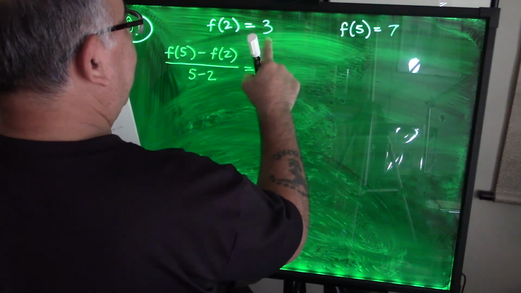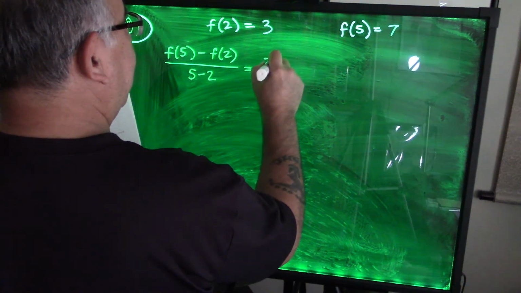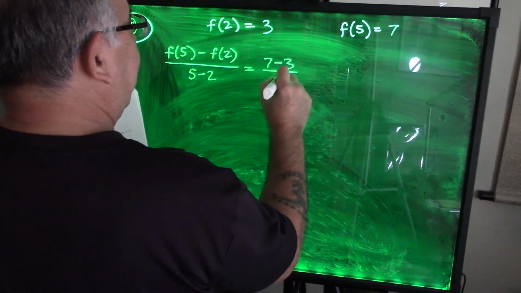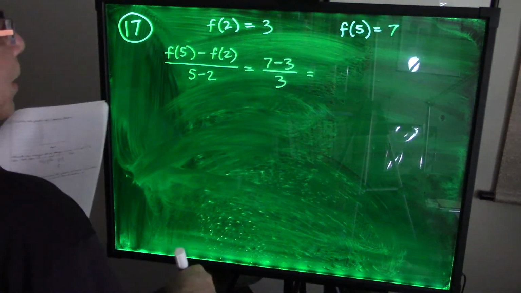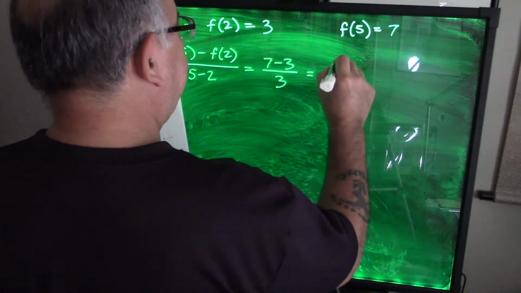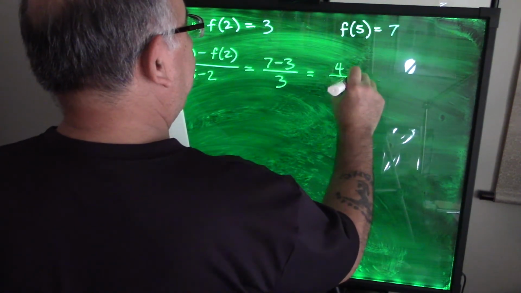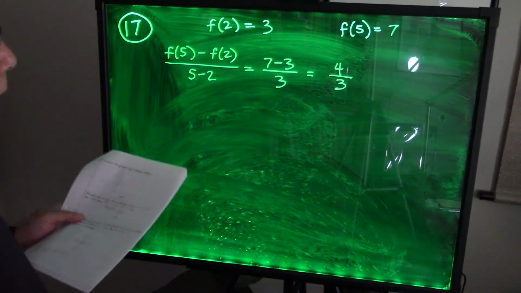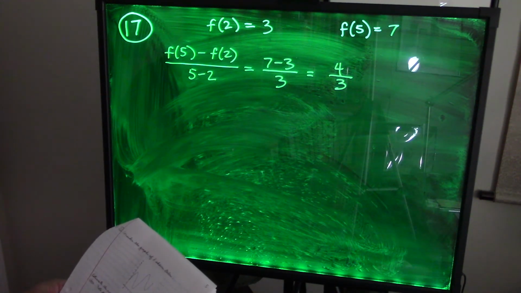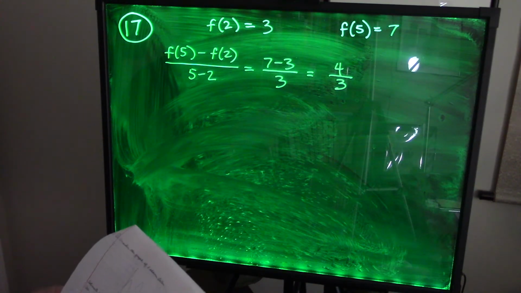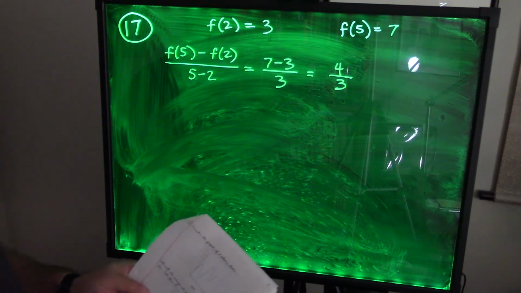That's 7 minus 3 over 5 minus 2. 5 minus 2 is 3, and 7 minus 3 is 4, over 3. So the average rate of change is 4/3 from x equals 2 to x equals 5 for this particular function they gave us.